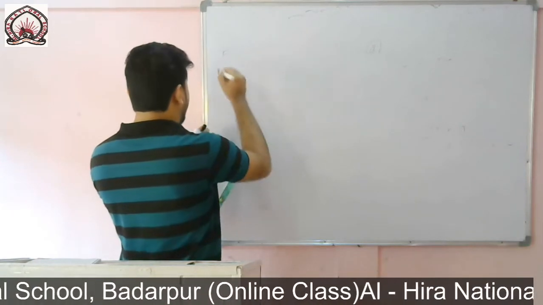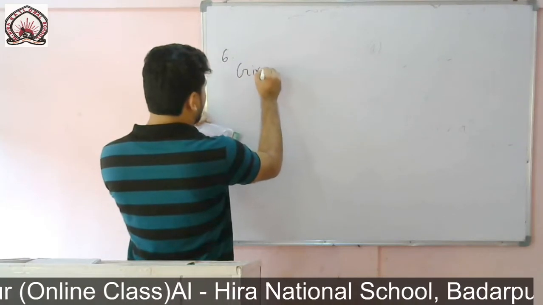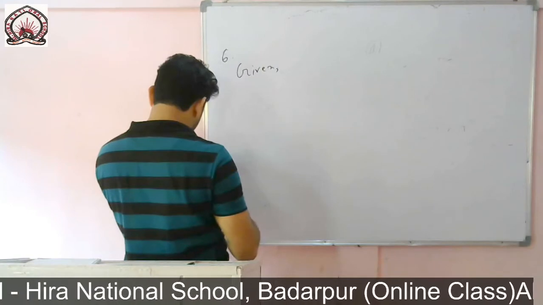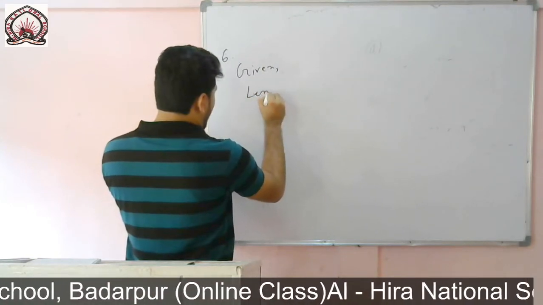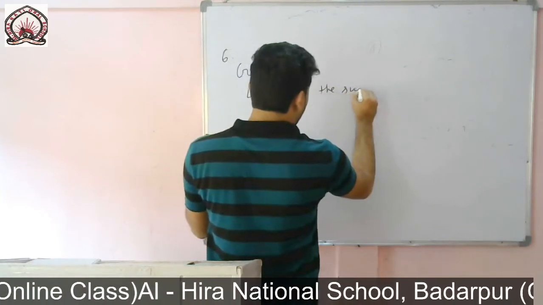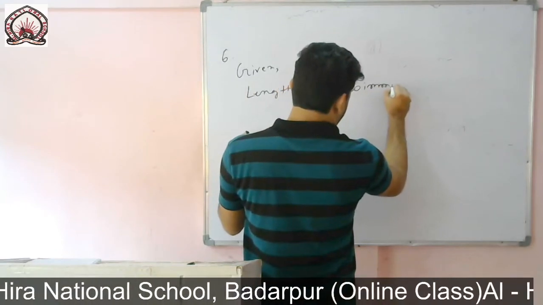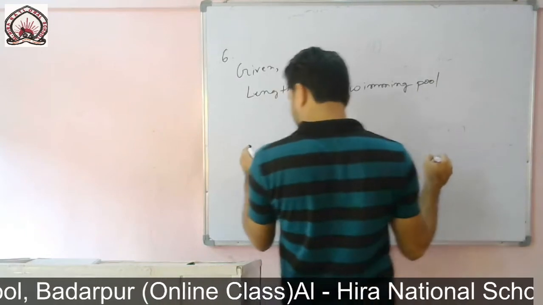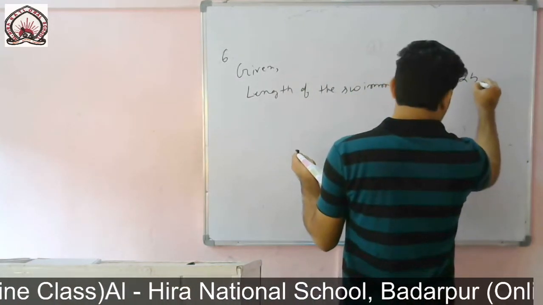number 6 you write. Okay, given: length of the swimming pool equals to what? 25 meter.